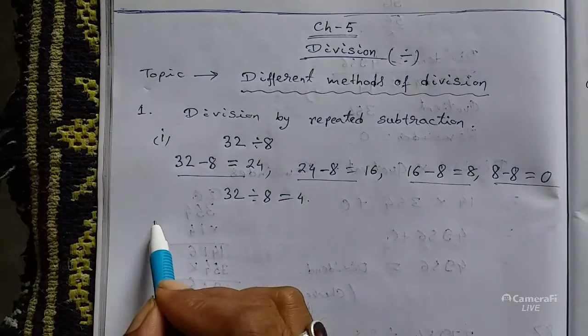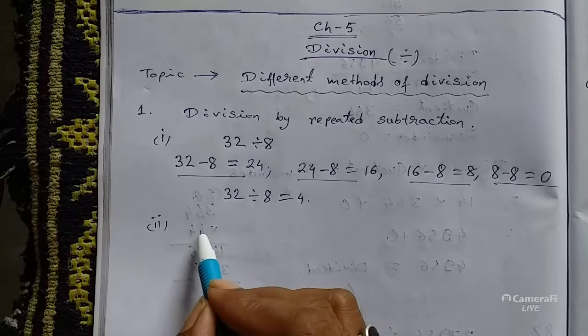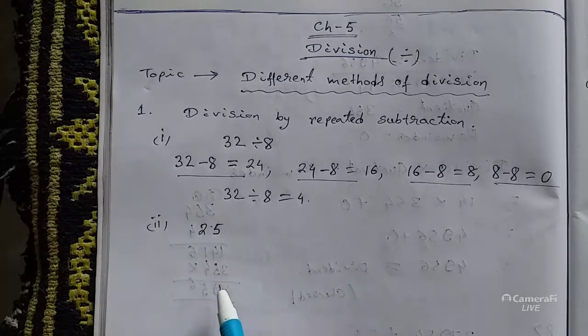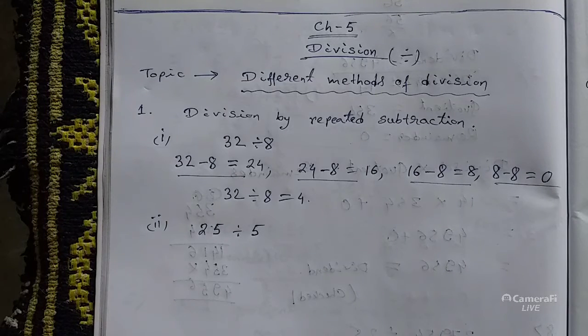Let us take another example, number 2. We have to divide 25 by 5. So we will always take out 5 things first from 25, and then again take out 5 things from the remaining ones.